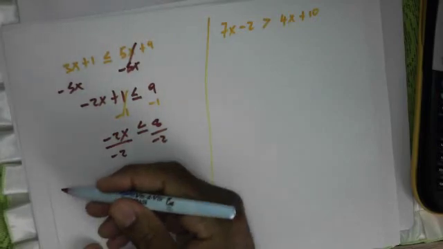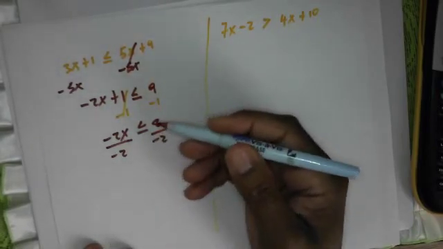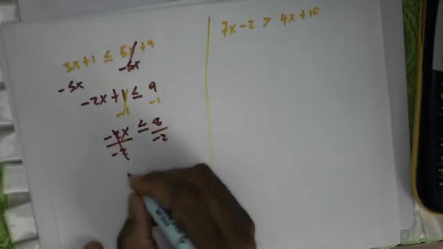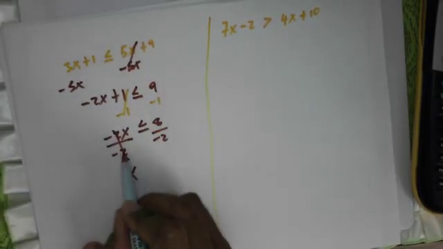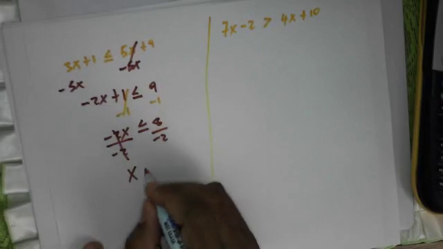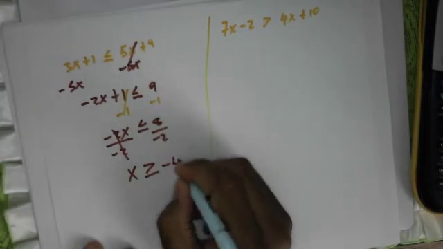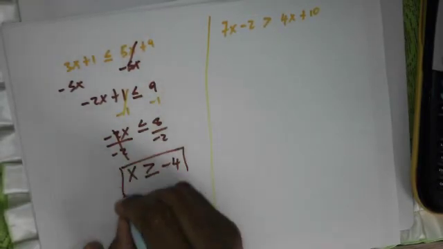If it was just less than, after you multiply or divide by the negative, it will change to greater than. So this will cancel. Negative divided by negative is positive. By virtue of this negative 2, we divided by negative 2, the sign will change now to greater than or equal to 8 divided by negative 2, that is negative 4. So this is the solution here.